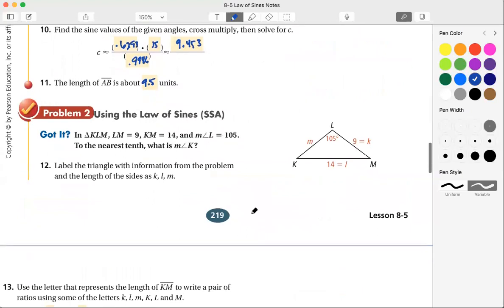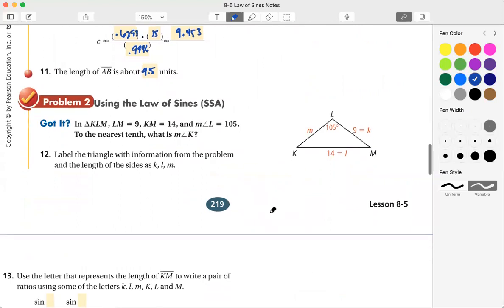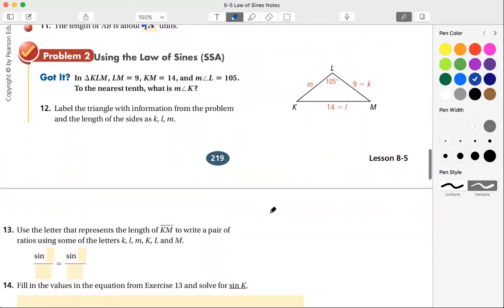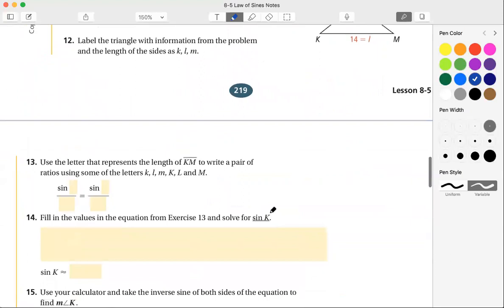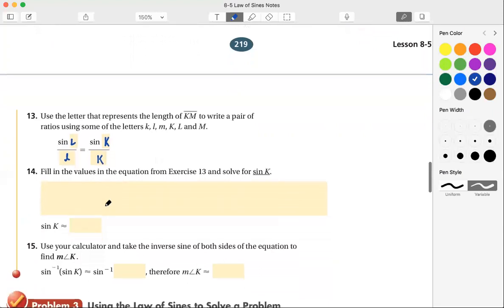Okay, so here's some pieces of information. Label the triangle from the problem with the sides K, L, M. Use a letter that represents the following. So we're going to say the sine of L over l equals the sine of K over k. So setting this up, we have the sine of 105 over 14 equals the sine of K over 9.